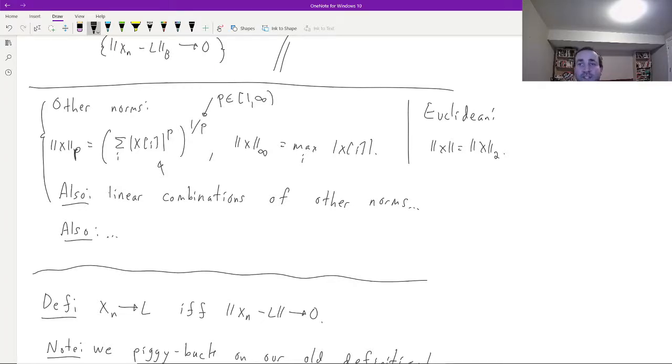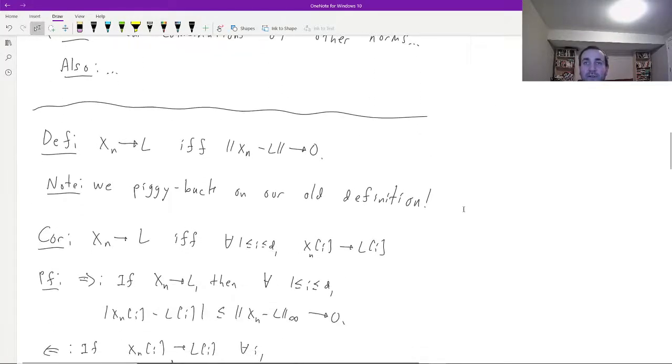All right, with that quick digression into norms out of the way, we can define convergence, and it's exactly what I wrote near the top of the video. We say that a sequence in Rn, xn, converges to some limit L, also in Rn, if and only if the norm of xn minus L goes to 0. The nice thing about all of this is that we get to piggyback on our old definition. We don't need to do all of the epsilons here.